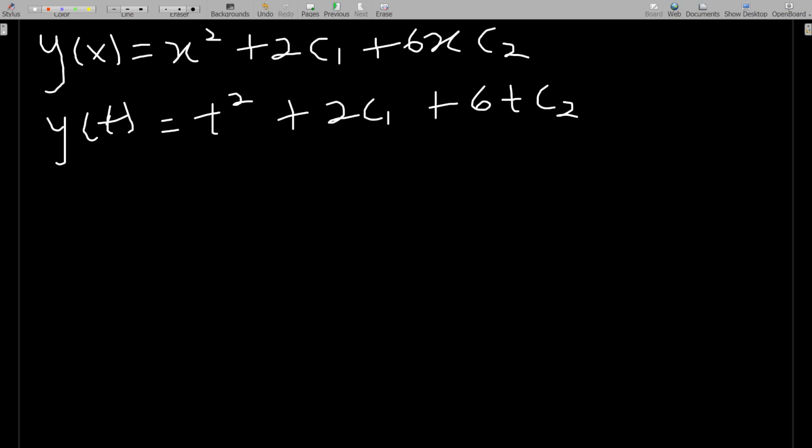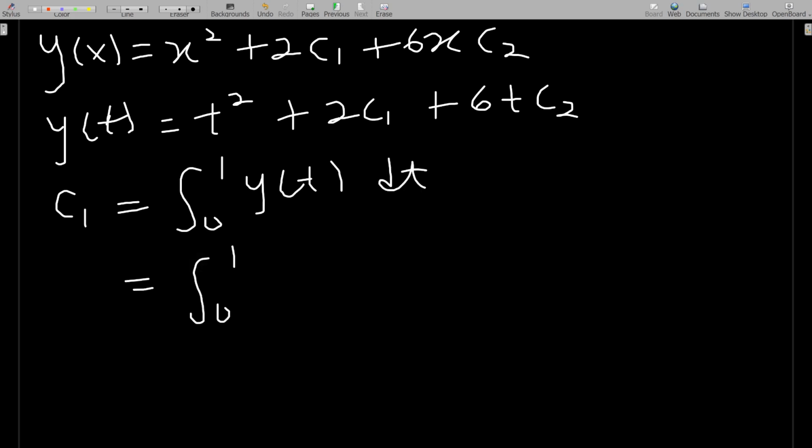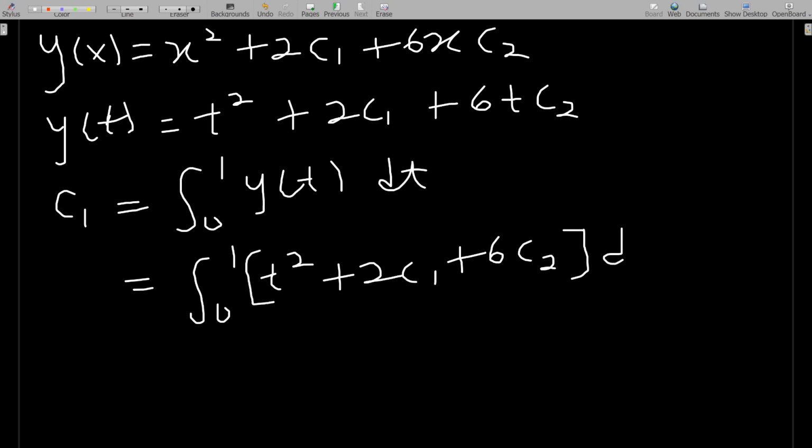Therefore our c1, which is equal to the integral from 0 to 1 of y of t dt, can simply be equal to the integral from 0 to 1 of t squared plus 2c1 plus 6t c2.